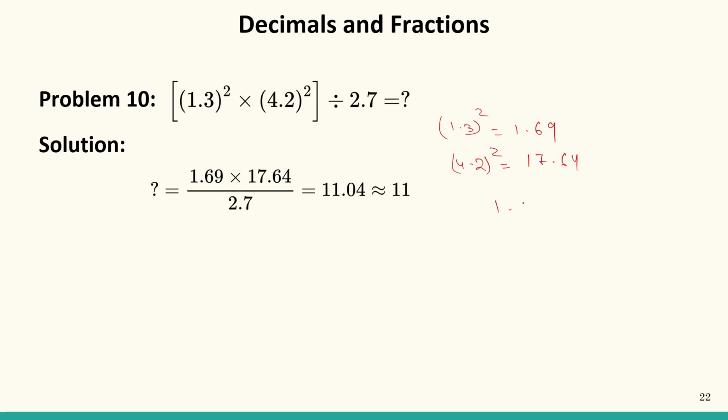So 1.69 plus 17.64 whole by 2.7 is equal to 11, approximately equal to 11, actually equal to 11.0. So this is the final answer.